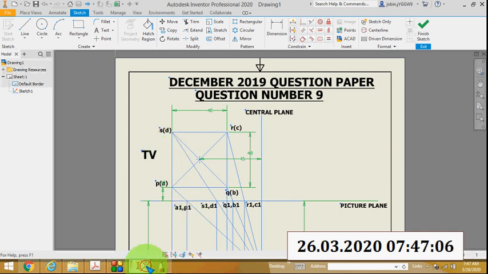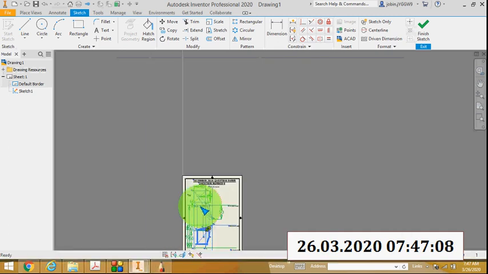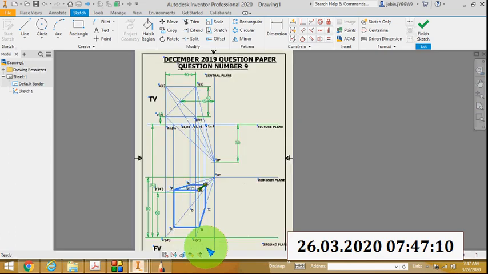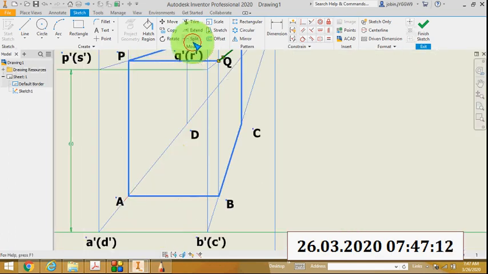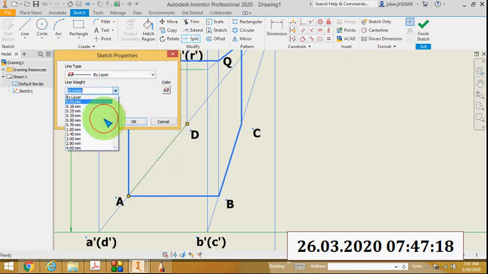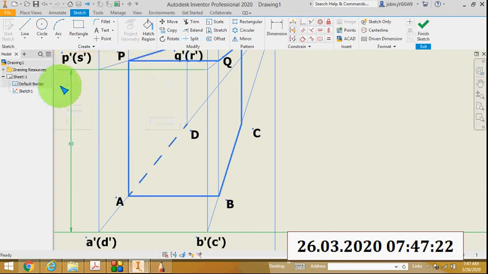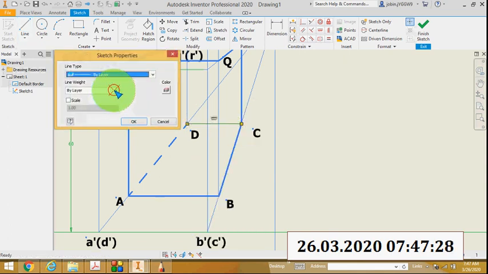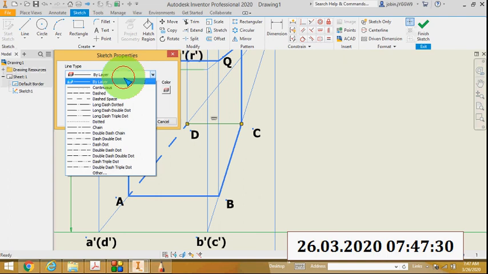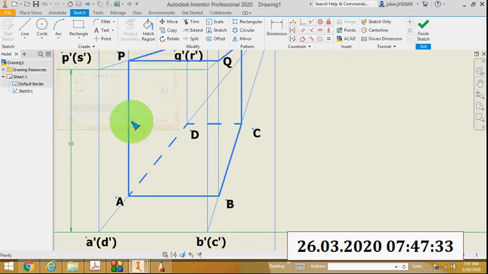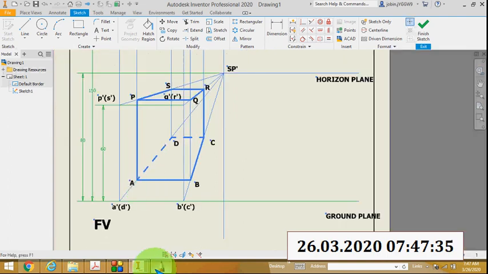So that means they are invisible. I will draw them as dotted lines. Similarly D to C.